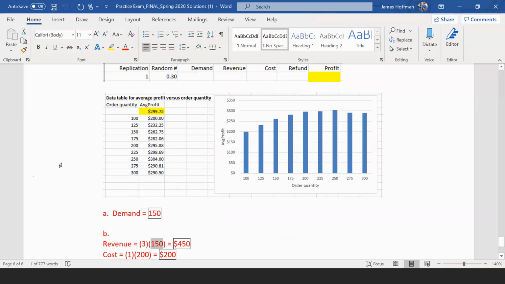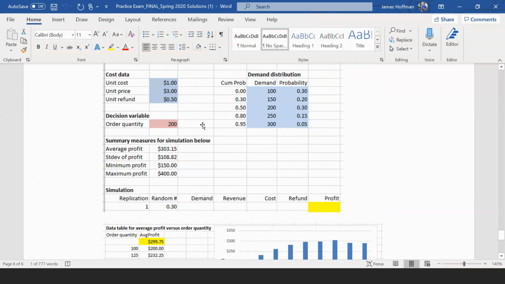So you have to compare demand and order quantity here. Demand is 150. We ordered 200, but demand was only 150, so we only sold 150 because for the extra 50 there wasn't enough demand. So it's the minimum of order quantity and demand in this case.